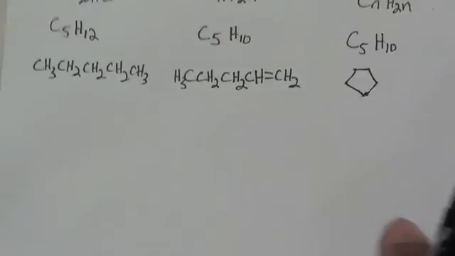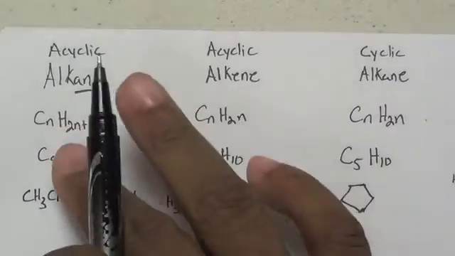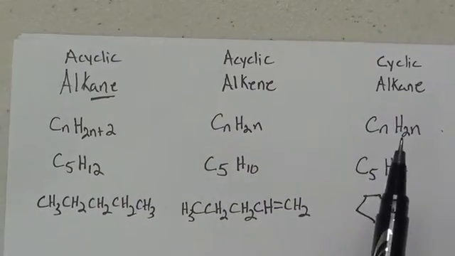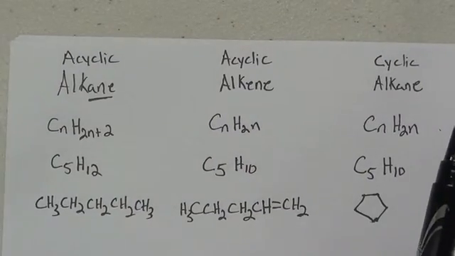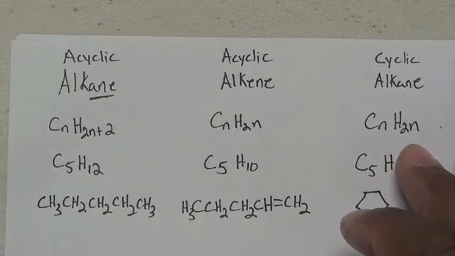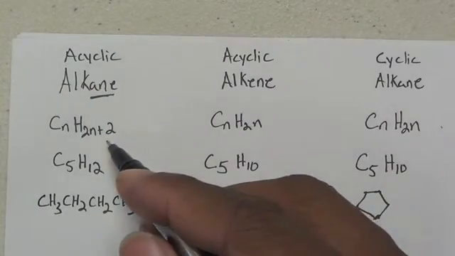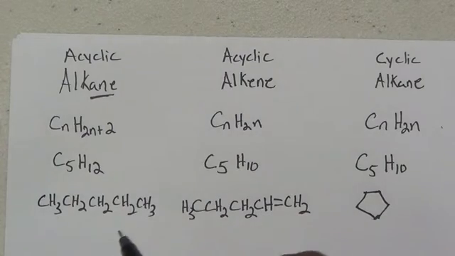Can't repeat that enough. So given the difference between these, this structure right here, the acyclic alkane, has no rings, has no double bonds, and therefore has no degrees of unsaturation. Can't stress that enough. No double bonds, no rings in this structure, so no degrees of unsaturation.